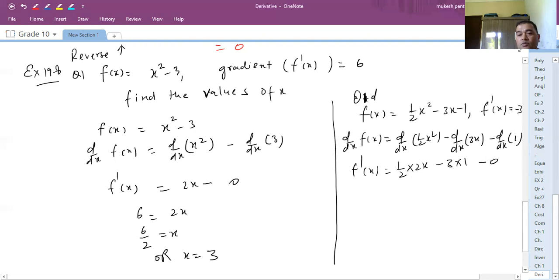So f dash x equals, you can write, x minus 3. This minus 3 you can write here, this plus 0, equals x, so x equals 0. This way you can find out the value of x.